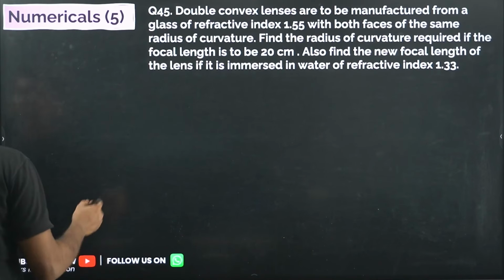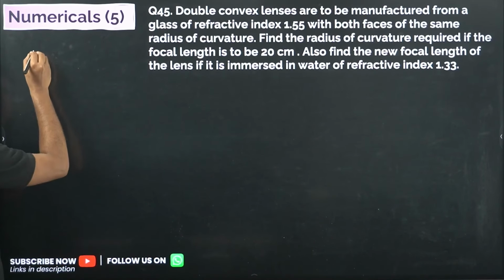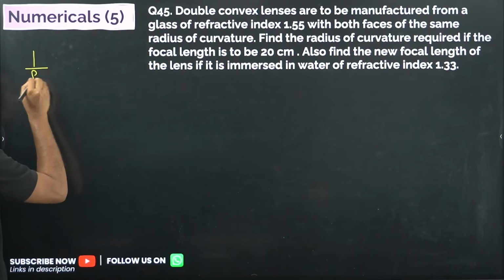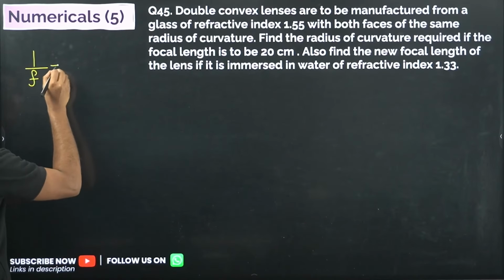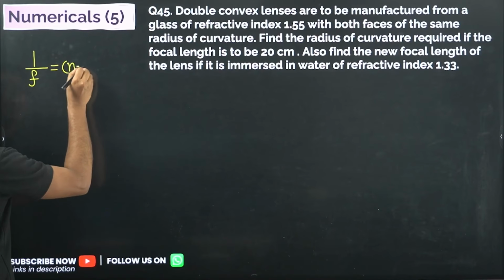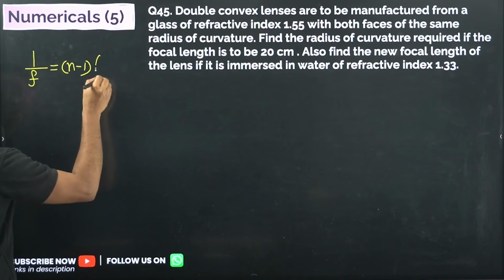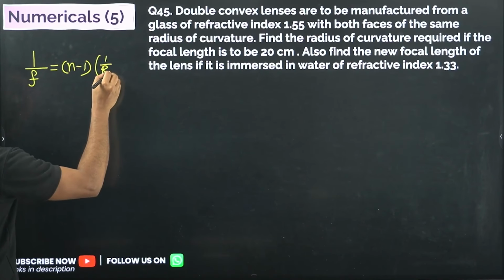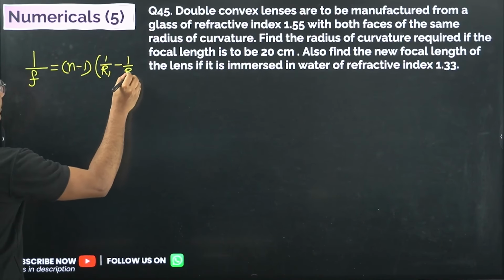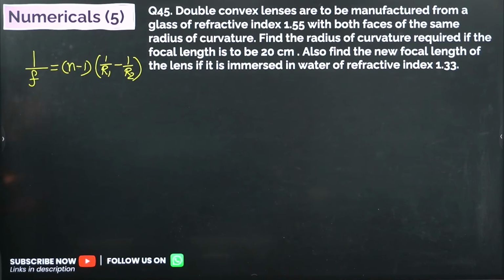So first of all, what equation will we be using? Yes, lens maker's formula. So 1 upon f equals (n minus 1) times (1 upon r1 minus 1 upon r2). This is the general formula of lens maker's equation.